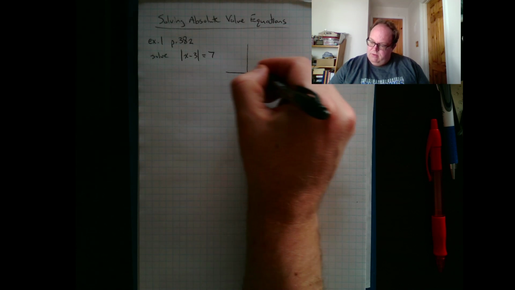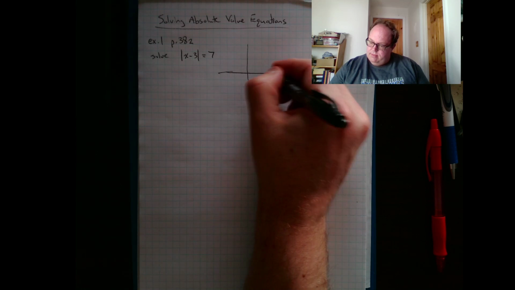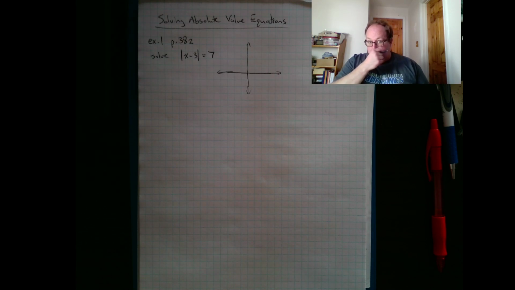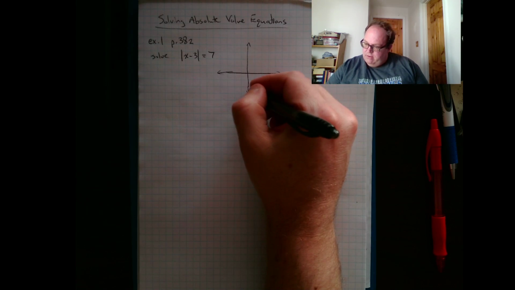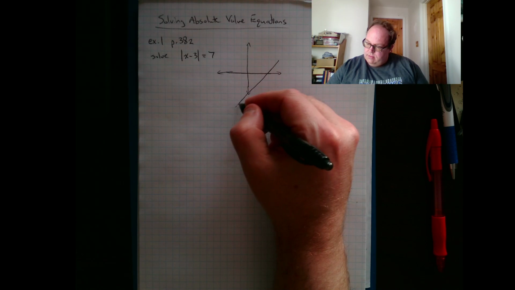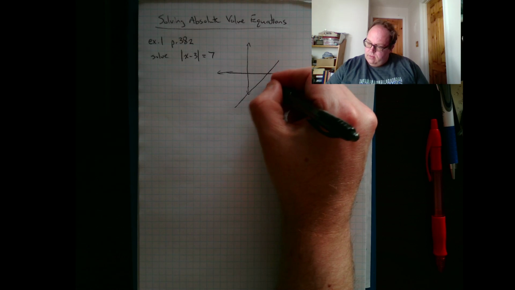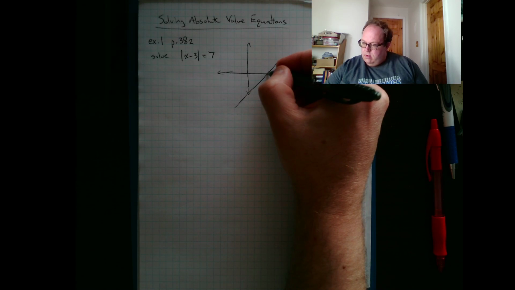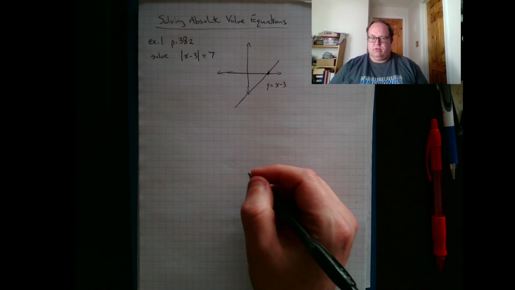It helps a little bit in some cases to think of the graph of these things. So the absolute value of x minus 3, well, y equals x minus 3 itself would look something like this. So my 0 is here at x equals 3.